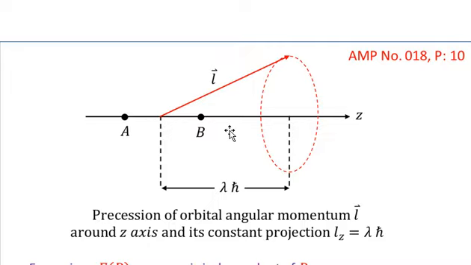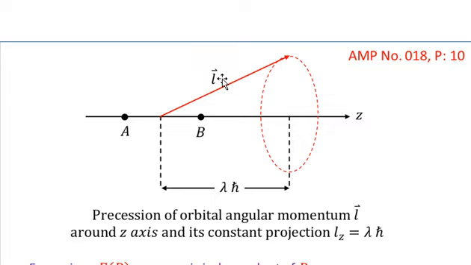And even if you assume that the electron is away from the z-axis, then again the angular momentum L will carry out its precessional motion about a line which is parallel to the z-axis. And then we can also shift the vector. You know that when we solve problems in vector form, we can shift a vector anywhere.